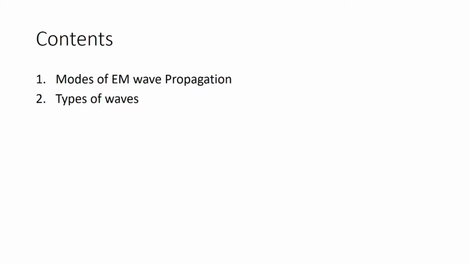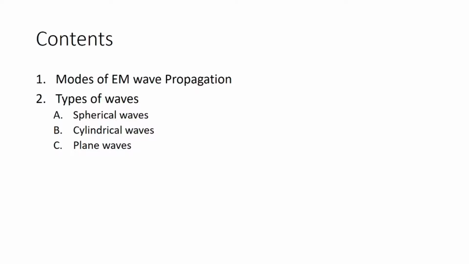In the current module, we would continue our discussion on electromagnetic waves. The contents we would be covering are various modes of electromagnetic wave propagation, and then what are various types of electromagnetic waves? The common types of waves we will be discussing are spherical, cylindrical and plane waves.